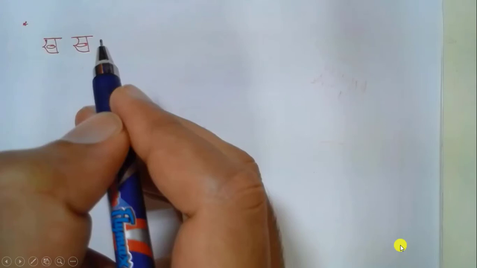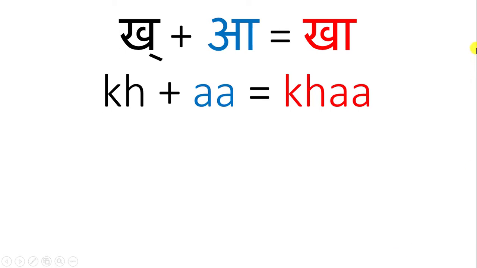The next sound is Kha. You get this sound Kha when you add K to A. K plus A equals Kha.